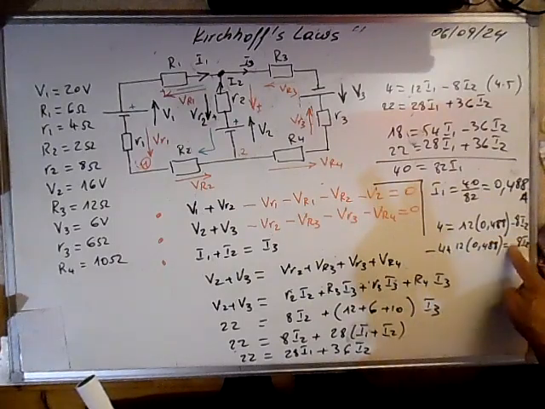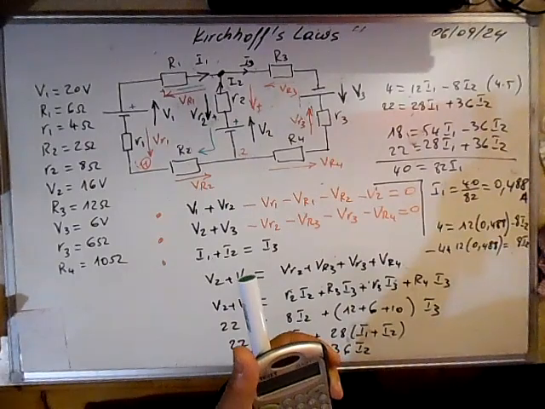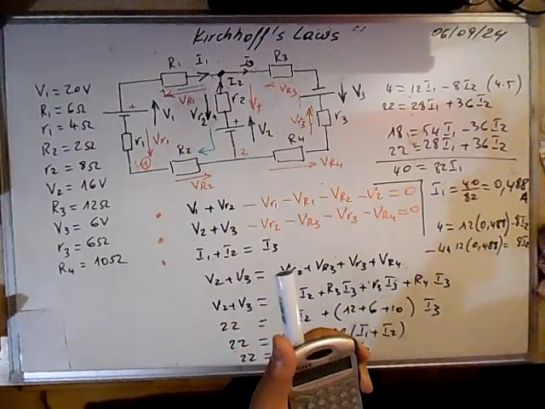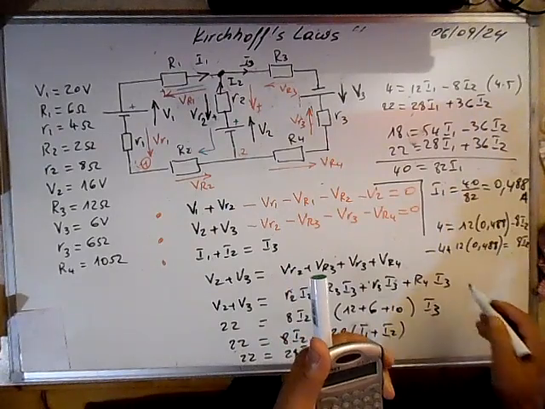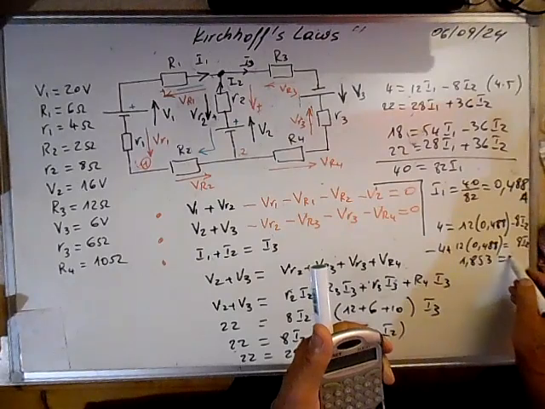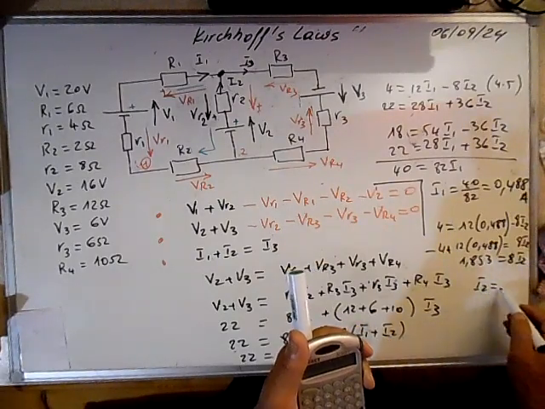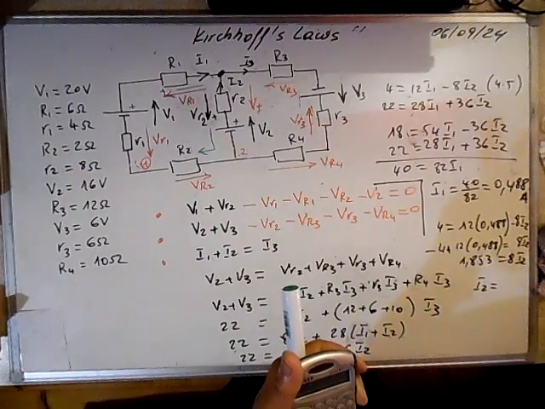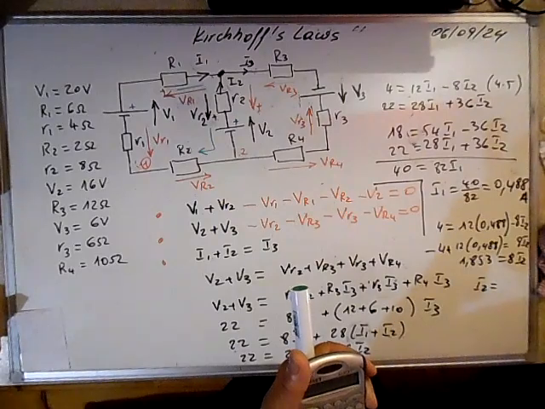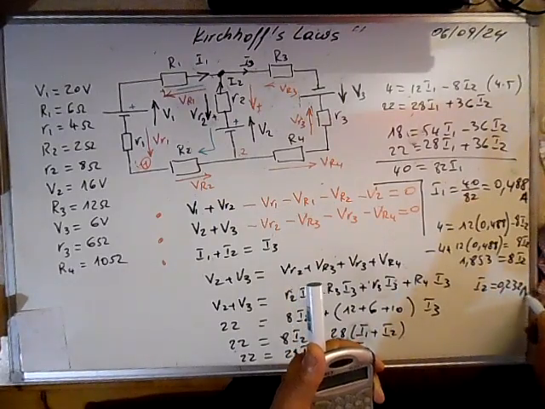We can write like this now. 12 times 0.488 is equal to 5.8, minus 4. This is 1.853 is equal to 8 I2. I2 is equal to 1.853 divided by 8. It's 0.232 amps.